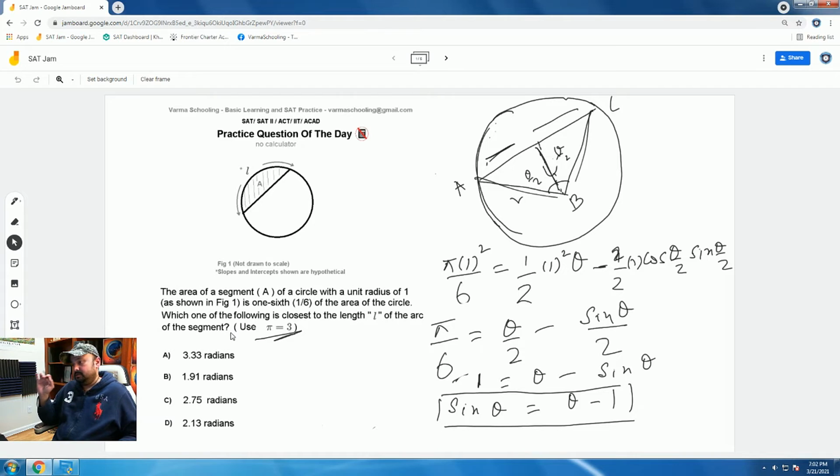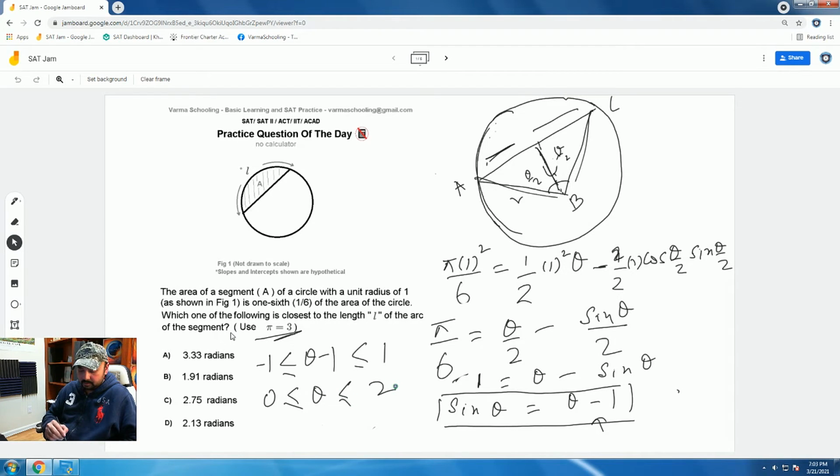But this is where the inequalities come in. We know that the value of sine theta lies between -1 and +1. So we plug whatever is in here into our inequality. Adding 1 to all of this inequality, the angle theta is going to lie between 0 and 2 radians.